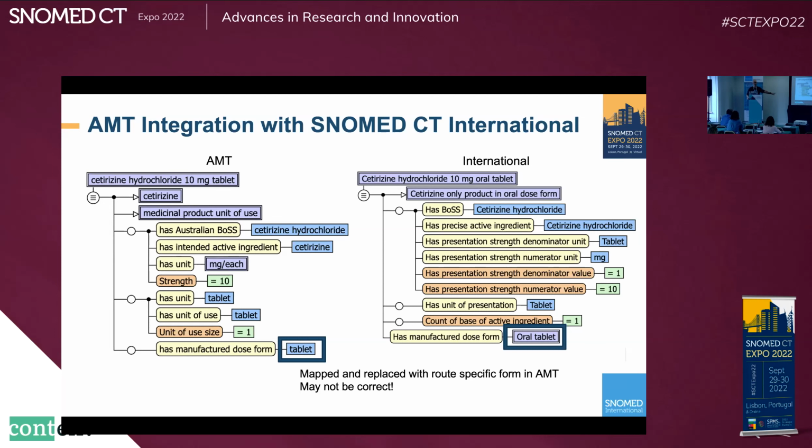So this is an example using paracetamol oral capsule. What this ECL at the top is saying is that we're going to find all of the ancestors of paracetamol 500 milligram capsule, which is a clinical drug concept from the international edition, and we're going to find the ancestors that are in the core module, the international edition, and then take away all of the ancestors of those ancestors.